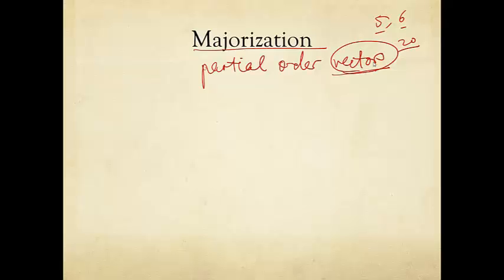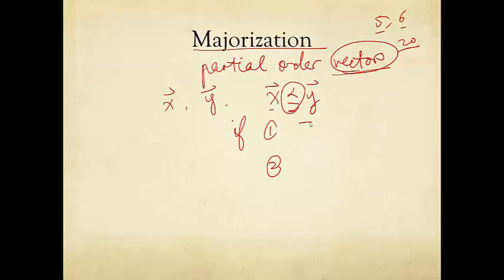So we say that two vectors, x and y, have this majorization relationship. In particular, x is majorized by y. This is a curly inequality symbol between two vectors to represent that x vector is majorized by y. If, this is the definition, two things are true. One is that the summation of all the entries in y and all the entries in x are the same.